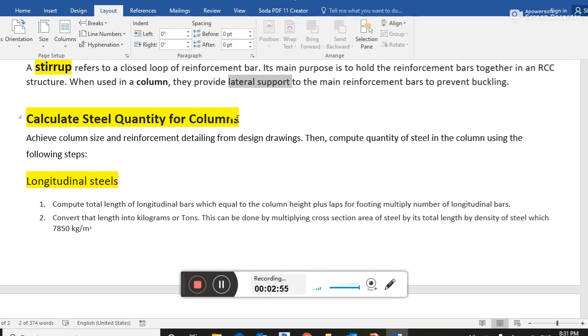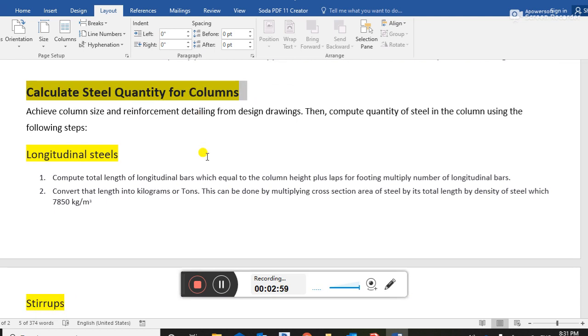Calculate steel quantity for the column. This is our main topic we want to discuss. Obtain column size and reinforcement detailing from the design drawing. Guys, always in the design drawing, the size of column and reinforcement detailing is given.